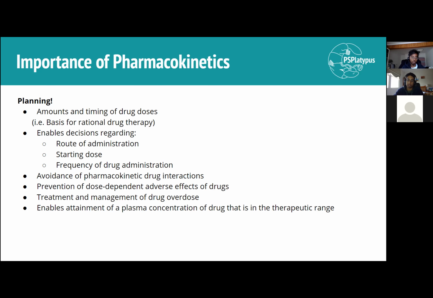We want to think about routes of administration, so how we're going to do it, the starting dose, and we want to sometimes get the drug to a certain concentration so that it's not toxic and it's not ineffective. And also a bunch of other stuff like avoiding drug interactions, preventing adverse effects, managing overdose. And yeah, like I said, attaining a plasma concentration that's in that therapeutic range.